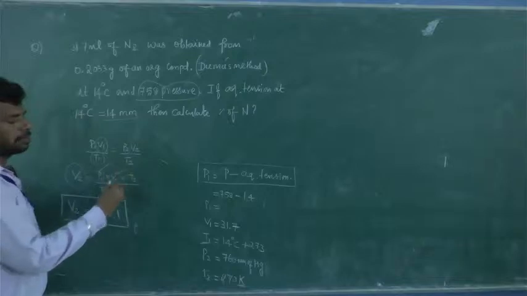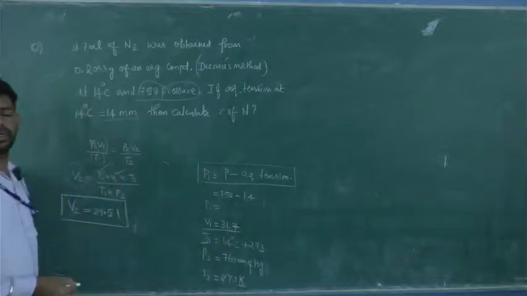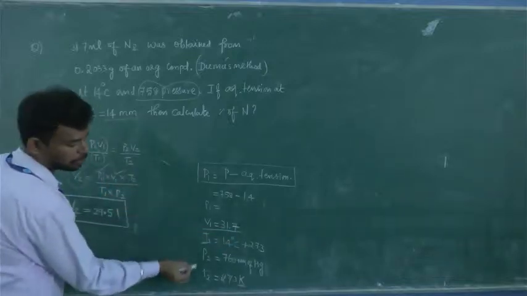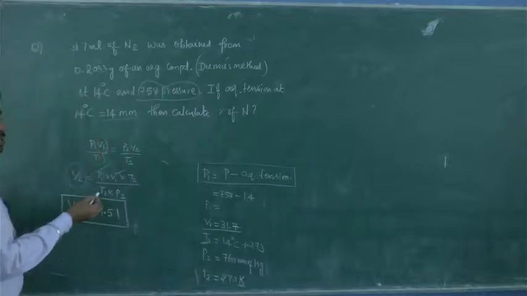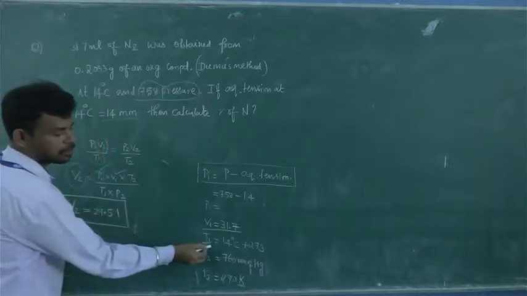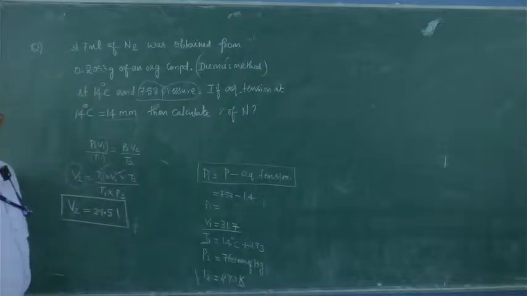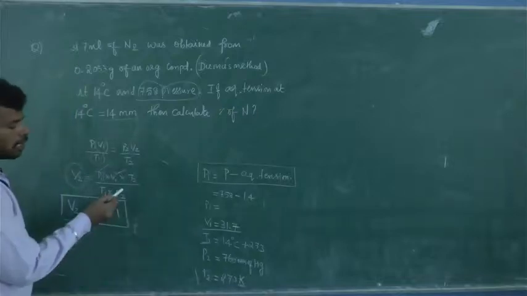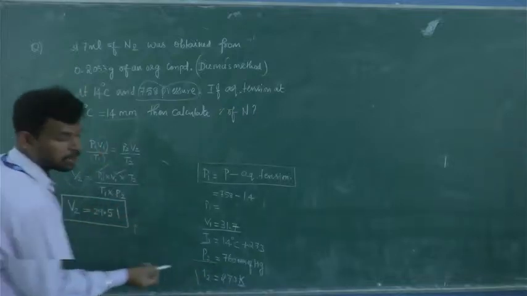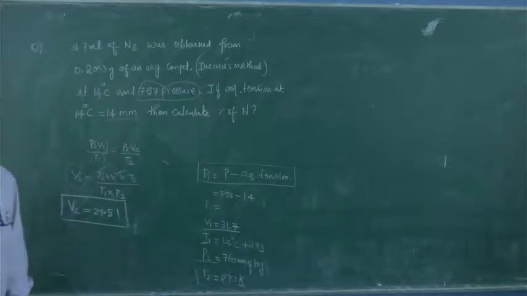So in the data, what is this value? 744. What is V1? What is T2? 273. What is T1? 287. What is P2? That's it. Answer. Is it clear? Next we can go for the percentage of nitrogen.